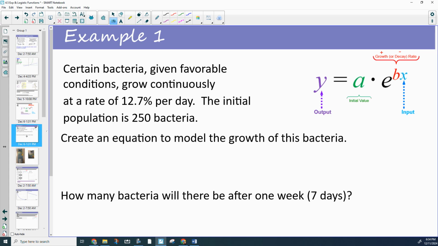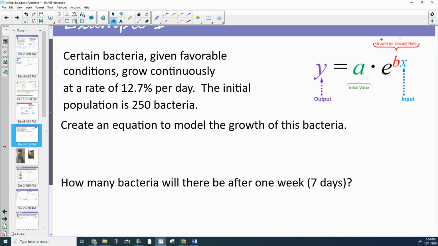So again, using our equation, Y is what we're going to be trying to find out. A is our initial amount, that's the 250. Then we are going to use the E button on the calculator when we're trying to calculate it. The percent, remember we move the decimal twice.